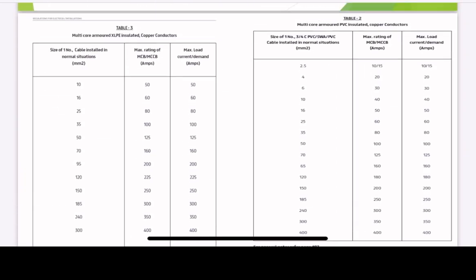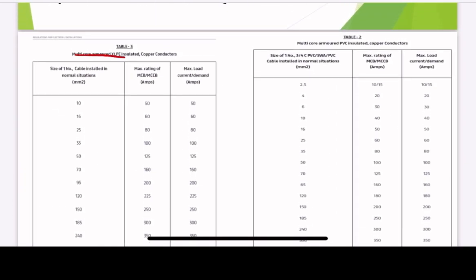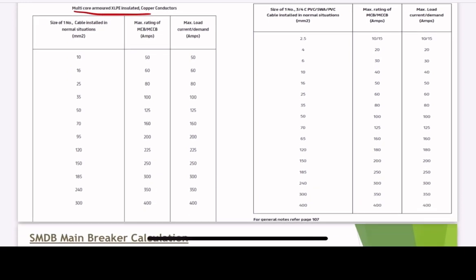Here you see this chart is for multi-core cables, okay, multi-core cables. As our selected MCCB rating or breaker rating is 300 ampere, the corresponding cable size is 185 square mm.